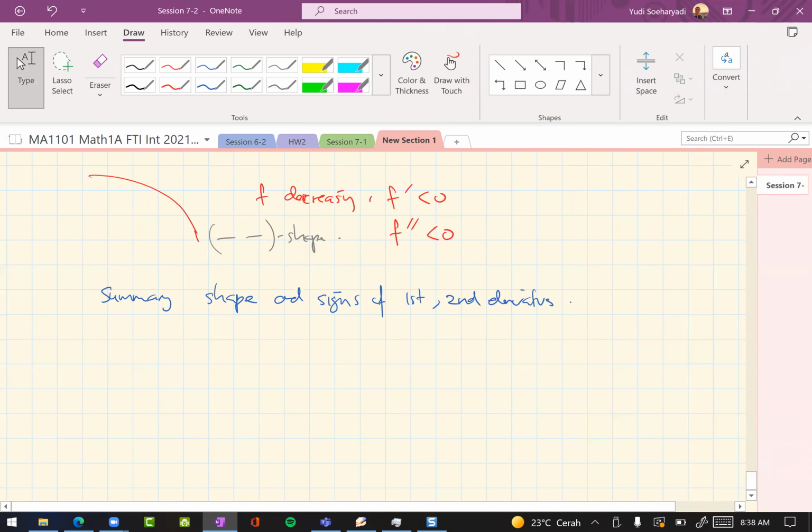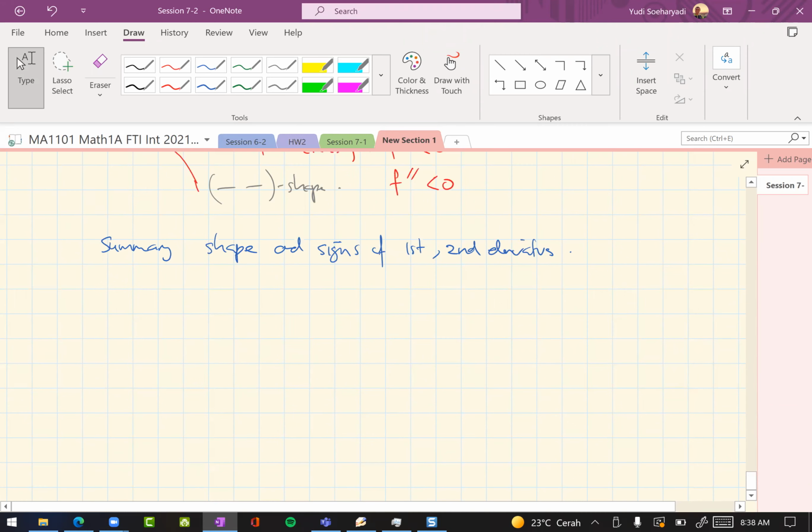Okay. So with this summary, you have this shape, there are the four shapes. Okay. And what is the sign for the, oh, sorry.